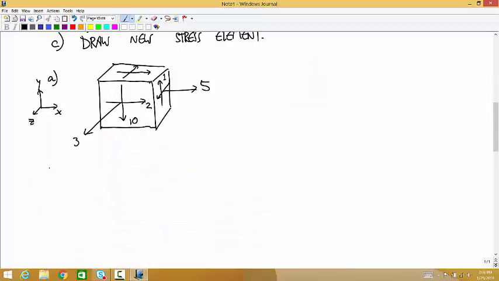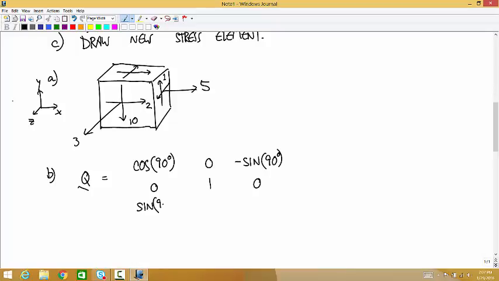So now we want to use the rotation matrices to re-express this in the new coordinate system. We want to rotate the coordinate system positive 90 degrees about the y-axis. So the rotation matrix is cosine of 90 degrees, 0, negative sine of 90 degrees, because remember the y-axis always has to be the difficult one. 0, 1, 0. And then positive sine of 90, 0, cosine of 90.